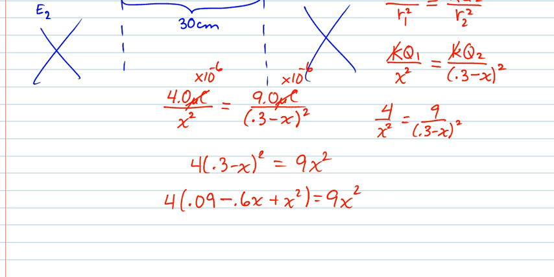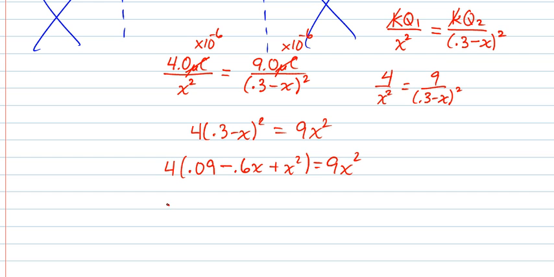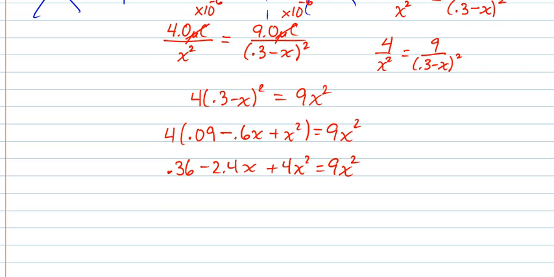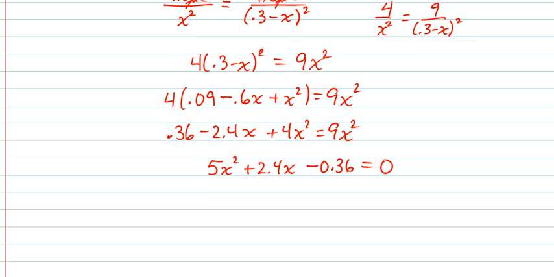And then we just go ahead and do math. I think it's important for you to see this process because you'll have a couple problems like this, and keeping things organized is really important. I'm going to move everything over to the right side and write it in the form of a quadratic equation. So I have 5x squared plus 2.4x minus 0.36 is equal to 0.